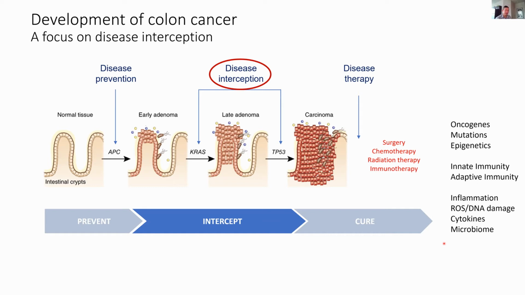Another robust area that we're also working on is investigating the role of the microbiome in colon cancer progression. Again, these are really early days, but we're definitely exploring. We have some collaborations going on exploring the role of microbiome and pathogenic species in contributing.